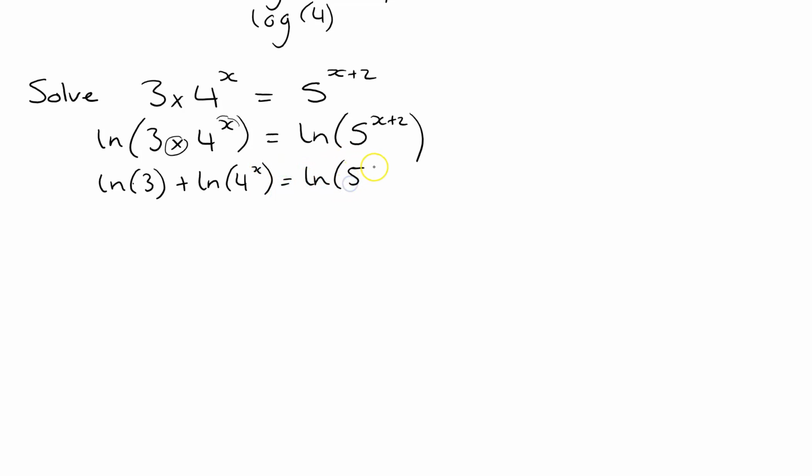I'm going to leave that side alone for a bit. Right, now I can take the power off the 4 and bring it down to the front. And I can do the same with the right hand side.